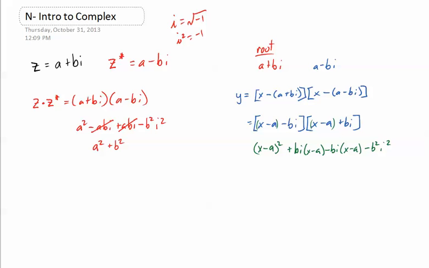You'll notice we get to cancel out these because they're the same; one's positive, one's negative. So if I square this, I'll have x squared minus 2ax minus, now, of course, B squared I squared is negative 1, so that turns into a plus B squared at the end. And I also had the minus A times minus A, which gives me a plus A squared. And so the quadratic can have this function.